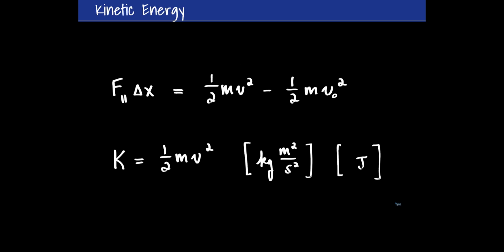And in that moment, I'm sure I said, this here on the left-hand side, F parallel times delta x, let's not worry about that for right now, because I just wanted to get the kinetic energy. But now I'm looking at the left-hand side of that equation, F parallel delta x, and I'm concerned. What is that? The best I've done so far is to say, this is the parallel component of the force.